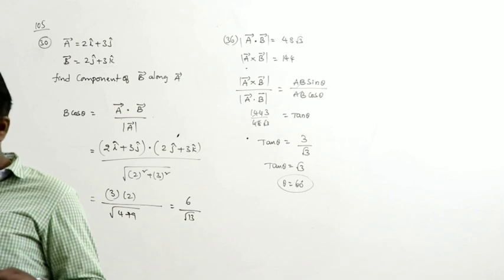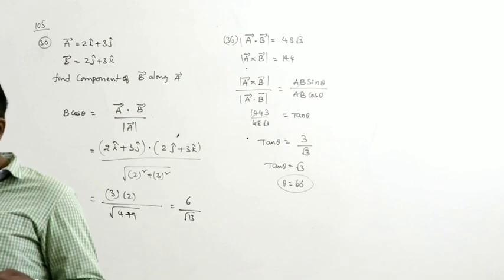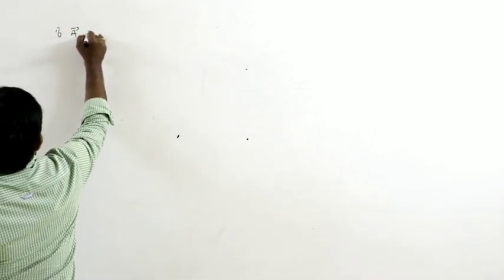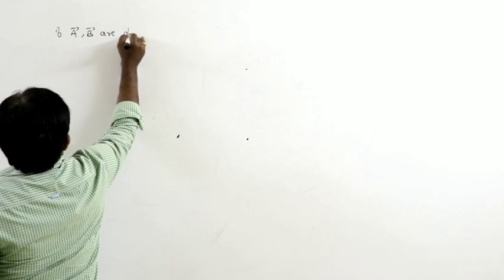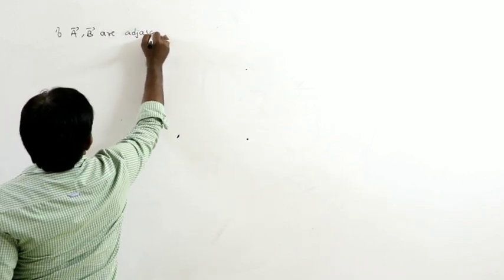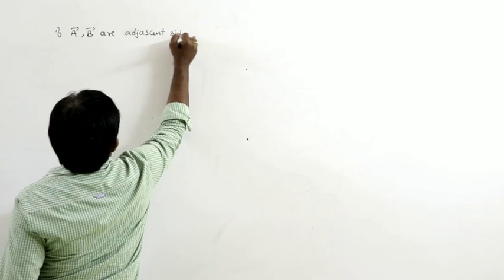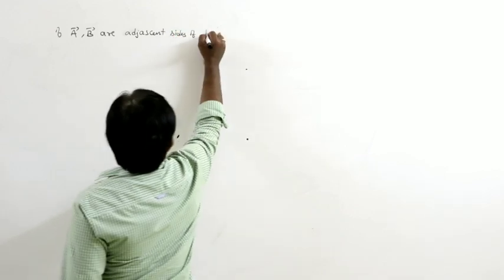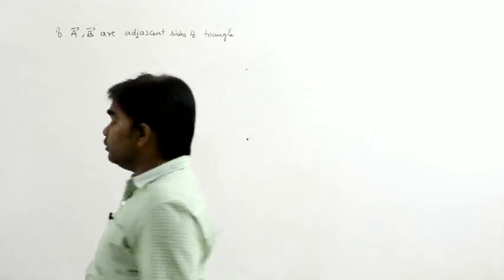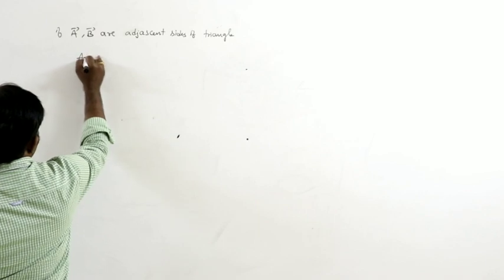So next, if a bar, b bar are adjacent sides of a triangle, how can you find the area of the triangle?